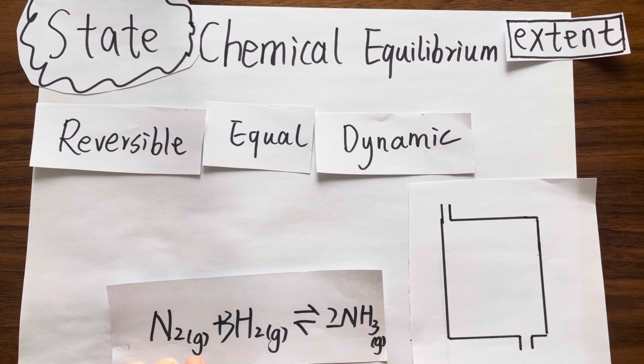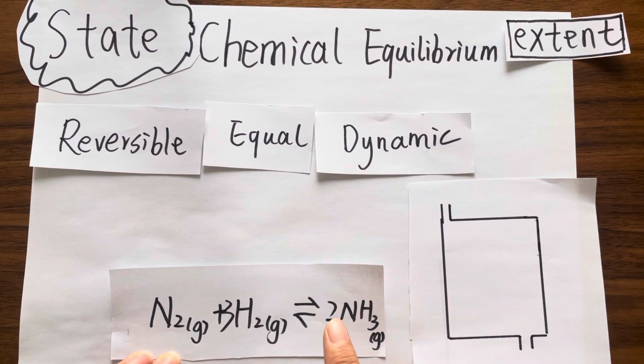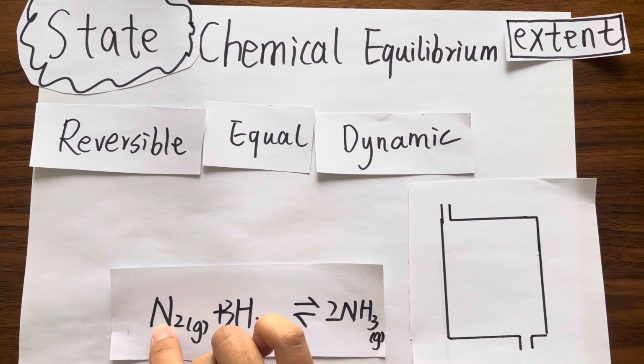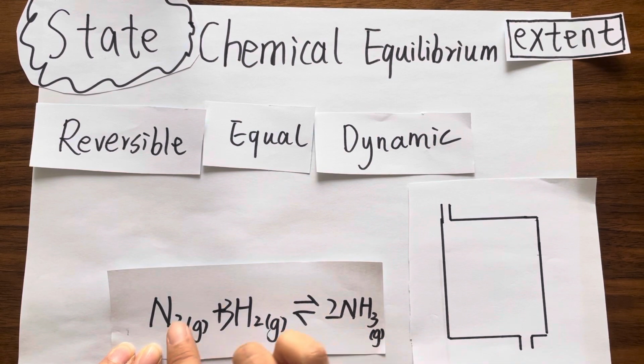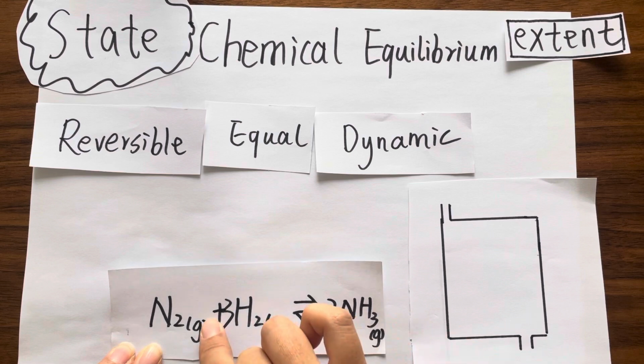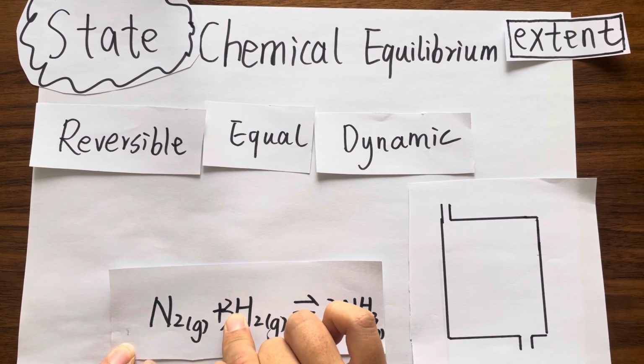As in this reaction, when it is at equilibrium, the concentrations of nitrogen gas, hydrogen gas, and ammonia remain constant. They will not change. But this is a dynamic process. The synthesis and decomposition are still going on.